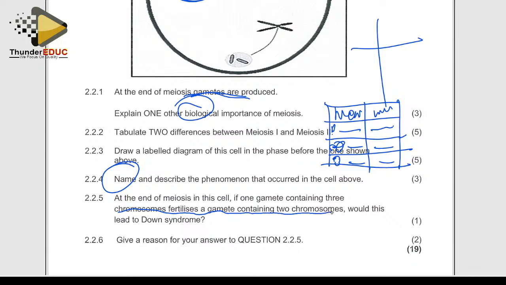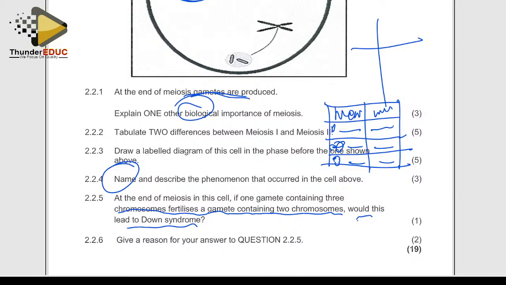the gamete containing 2 chromosomes, would this lead to Down syndrome? I bet that many people, guys, please don't tell me that you said yes, because I emphasized it. I said I'm emphasizing it so that you don't make the second mistake again.